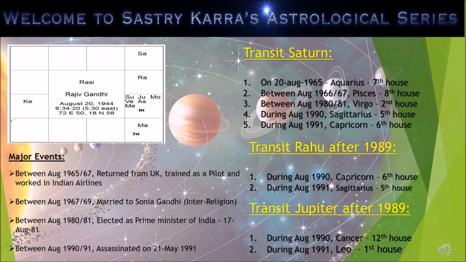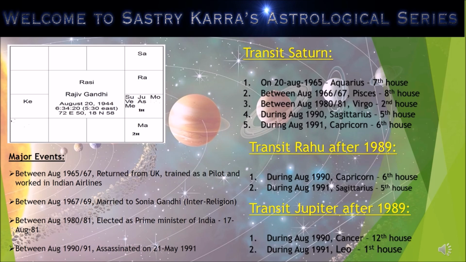First of all, look at the event when he returned from the UK and trained as a pilot. Before we go to the Vimsottari Dasa, let's look at transit Saturn during 1965 and 1967.